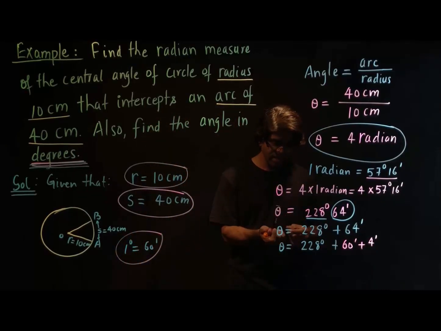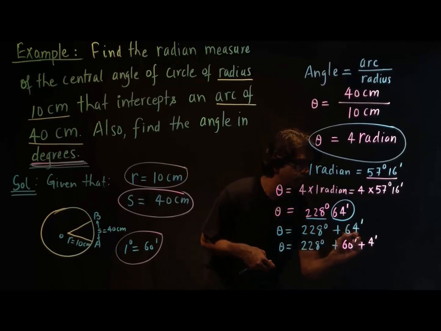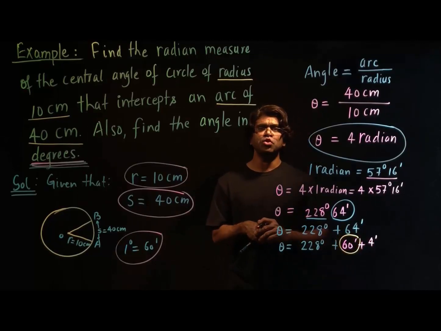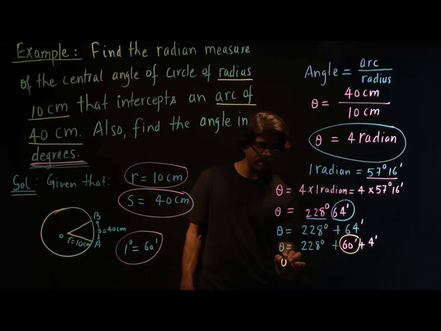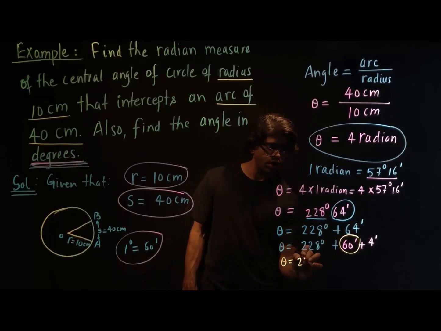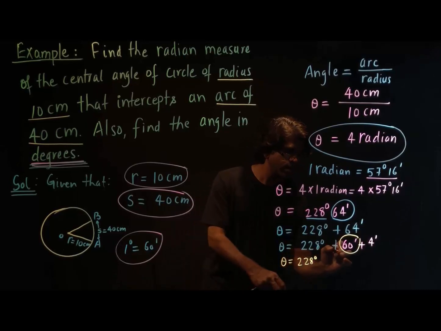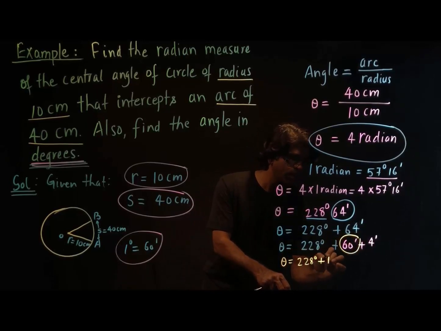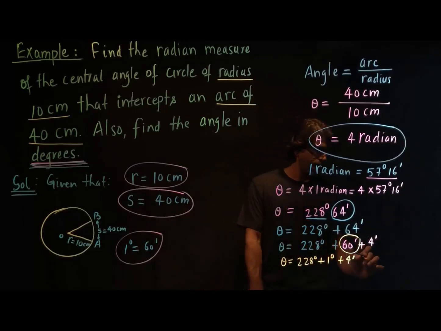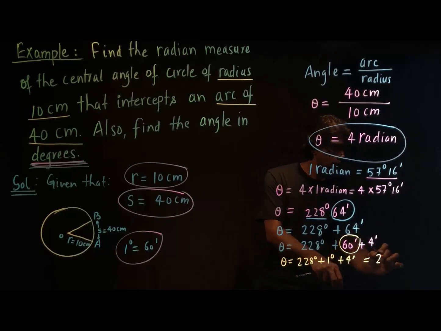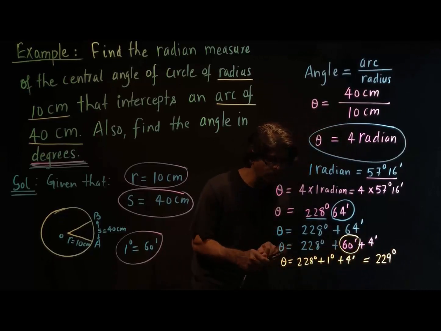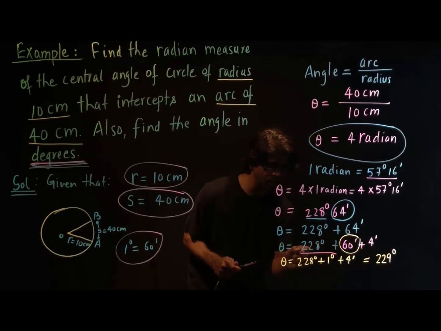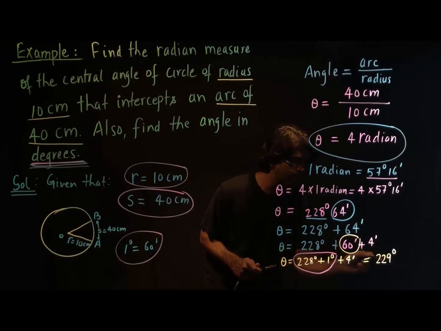So in place of 60 minutes, I can substitute 1 degree. So I can rewrite this as theta is equal to 228 degrees plus 1 degree plus 4 minutes. And if we simplify, 228 plus 1 is 229 degrees.